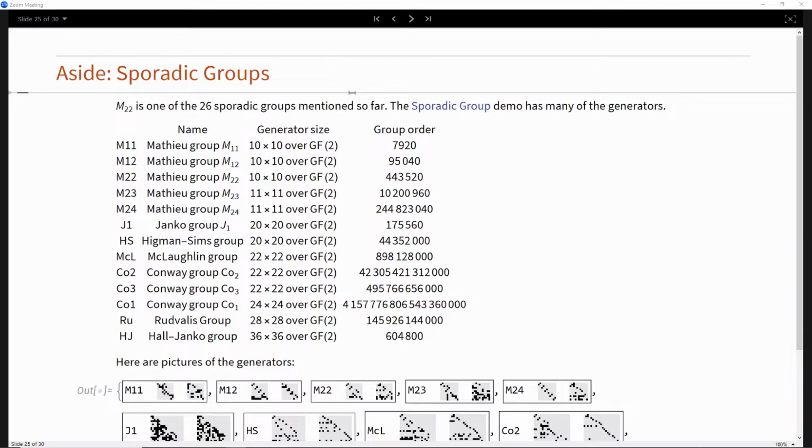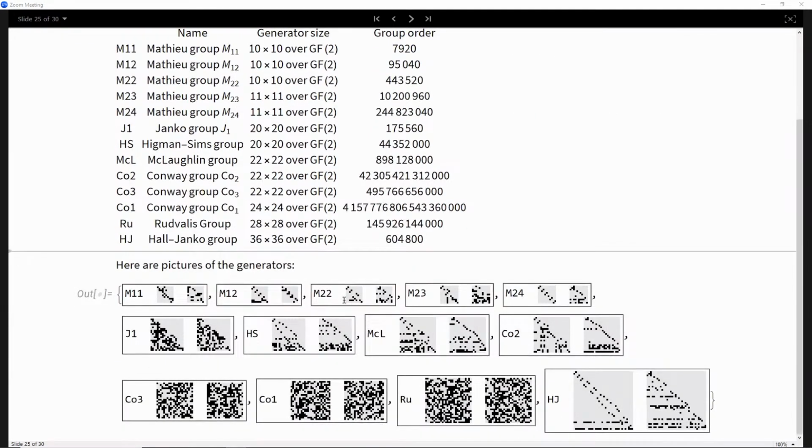One thing that's related to all these, I've mentioned sporadic groups a few times. The Golay systems cover all 5 of these, the first one here, the Matthieu groups. It turns out that there's interesting generators based on just 2 matrices which you multiply together.